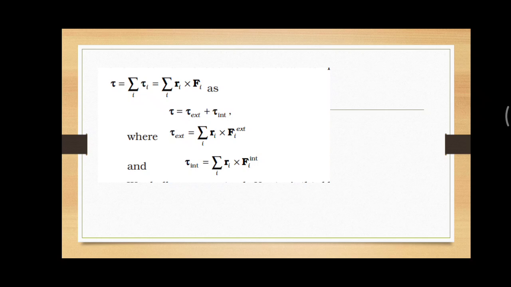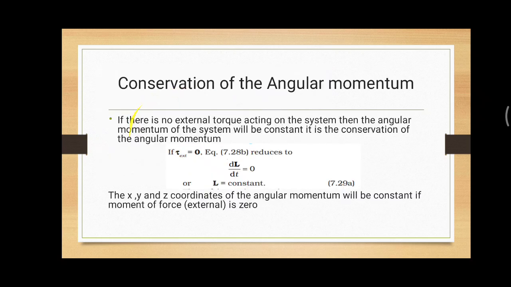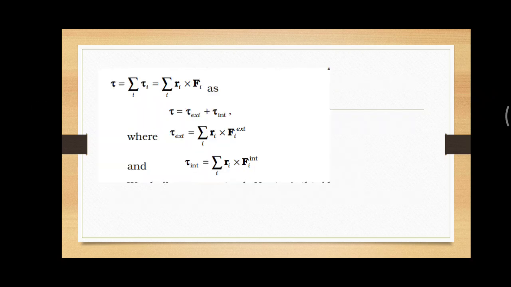So for the torque, you have to consider the external torque as well as the internal torque. But here the internal torques always cancel each other, so only the external torque is considered. So tau external is the summation over i of Ri cross Fi external, and tau internal is 0, because the internal force value is always 0.